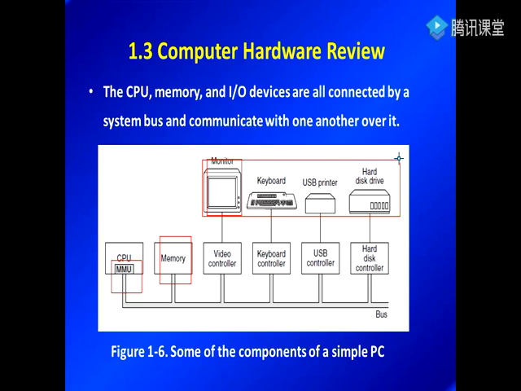The keyboard is used to input something into the computer, and the hard disk drive can be viewed as an input and output device, because all the programs and data are stored on the disk, and after you get any result, you might store the result back to the hard disk. The monitor and printer, absolutely, are output devices, right?